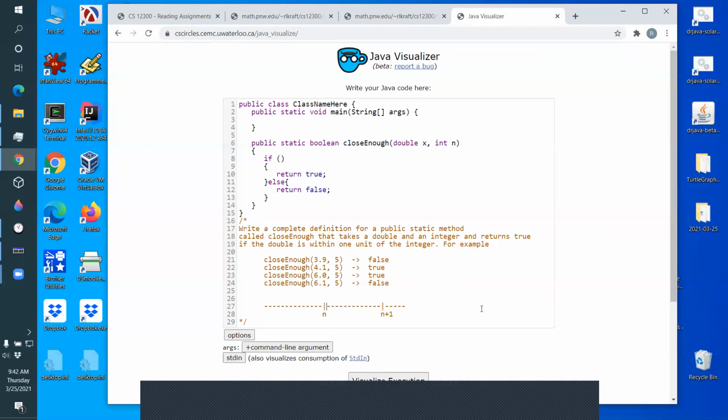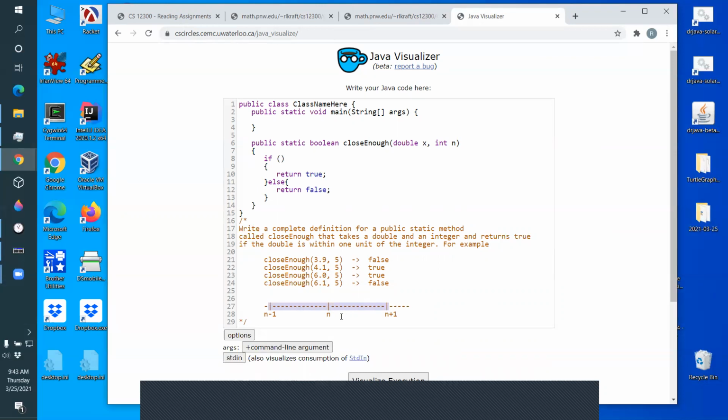And on the other side of the number line, 1 unit away from n is the number n minus 1. This problem says, if the double is within 1 unit of the integer. So this is the range of the number line that's within 1 unit of n. It's all the numbers that are greater than n minus 1 and less than n plus 1.